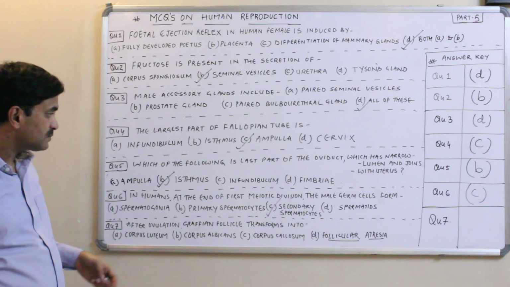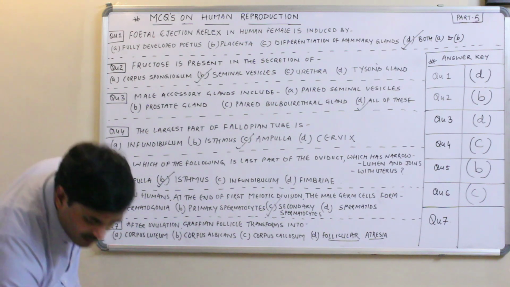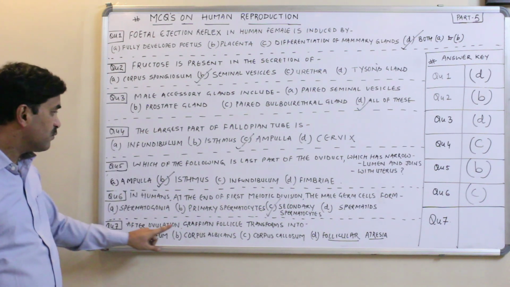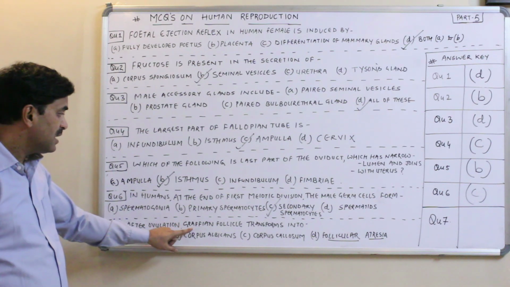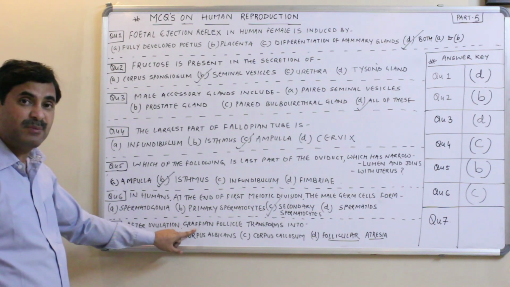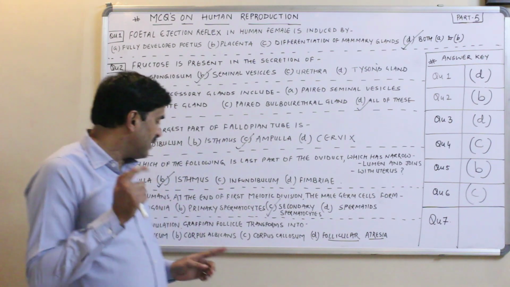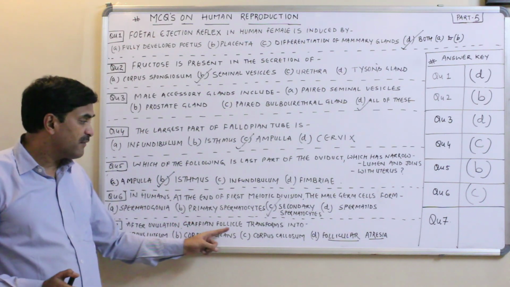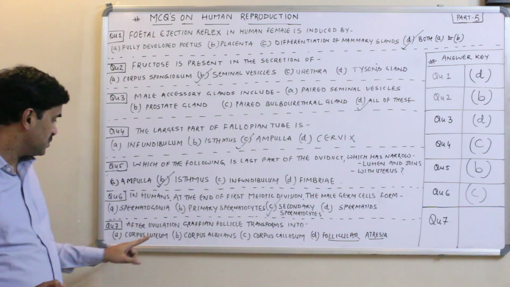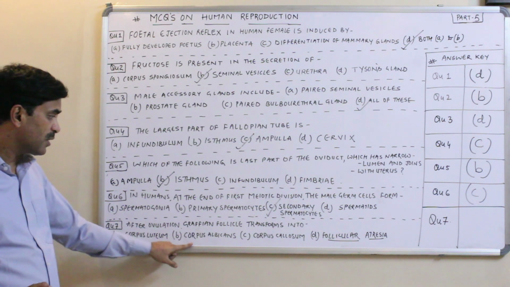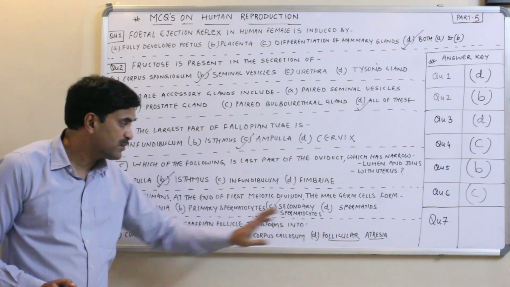Now coming to the next one: after ovulation, the Graafian follicle transforms into corpus luteum, corpus albicans, corpus callosum, or follicular atresia.